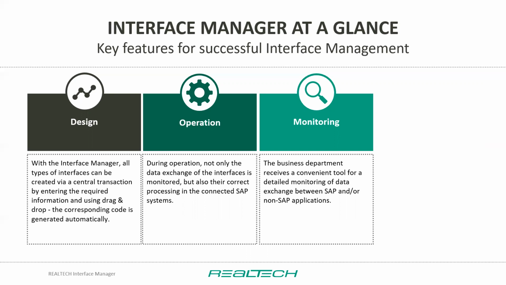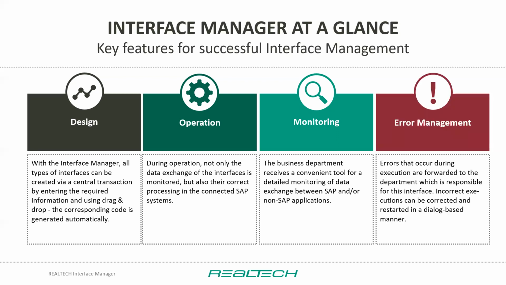Then, as I said before, all the monitoring can be defined. So you can define what kind of levels of monitoring you need, and alert in situations where you have to do something on your side to proceed with the executions of the interfaces.